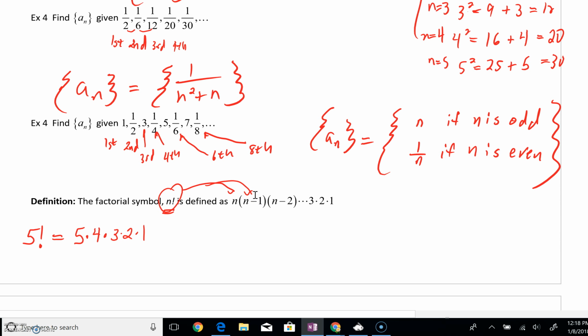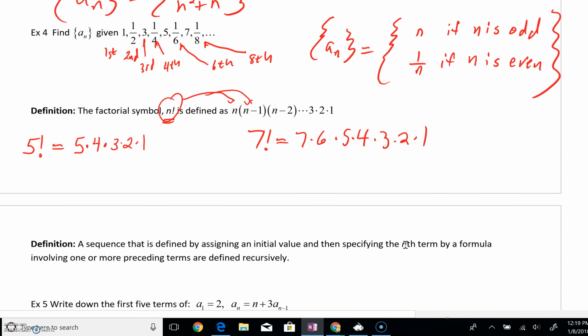Start with integer n, multiply by 1 step below, multiply by the integer 1 step below that as well, and continue to do that until you arrive at 1. So, for example, 7 factorial would be 7 times 6 times 5 times 4 times 3 times 2 times 1. So in this section, we very well will see factorials come into play.